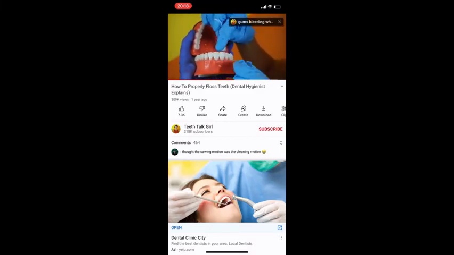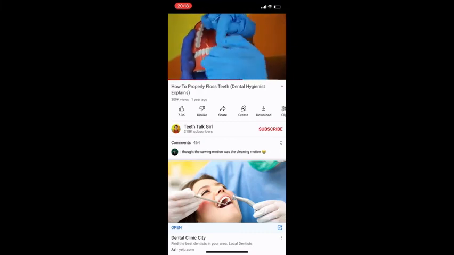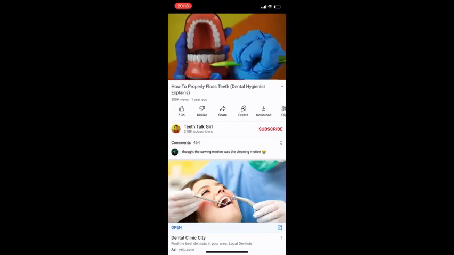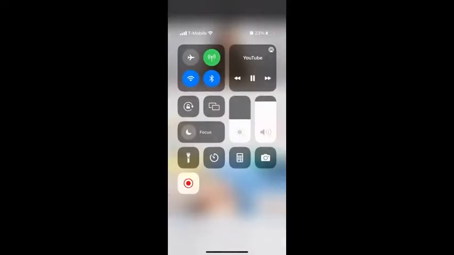Be sure to hug the tooth and go up and down on each side, making sure to go, yes, below the gum line, to the right and then to the left of the little triangle area of the gums called the papilla. The dental floss should actually disappear in the space between the gums and the tooth surface. These are the sides of the triangle. So that's how to properly floss.